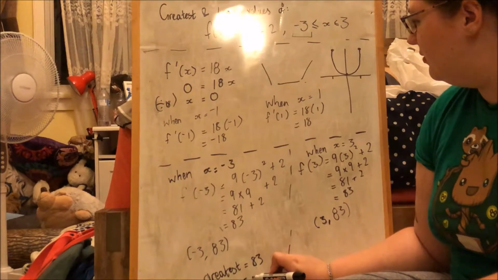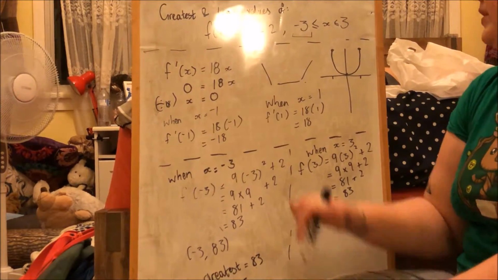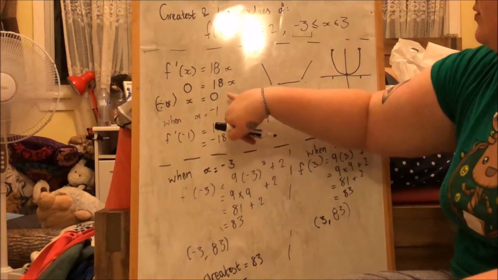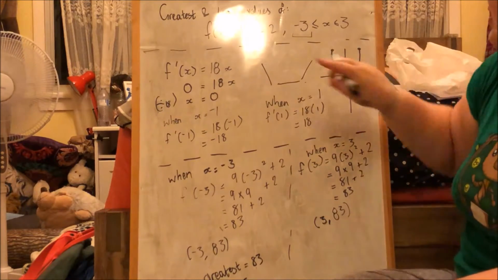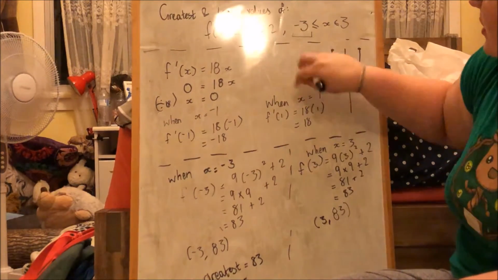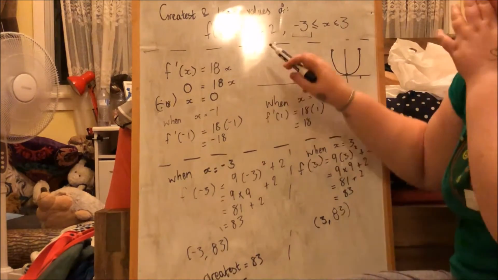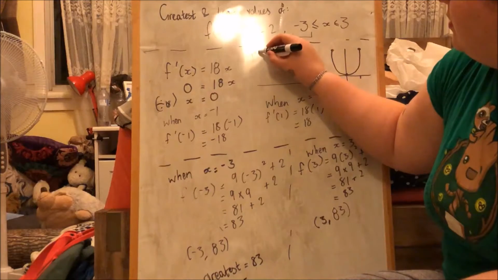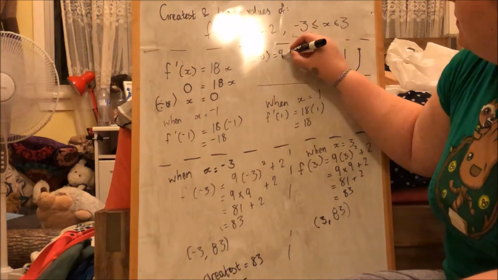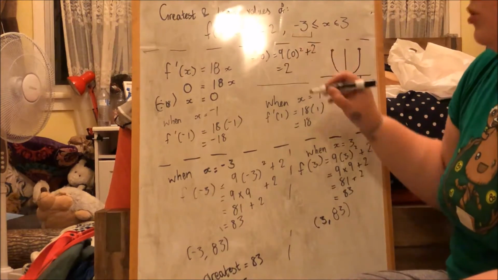what is it though? Oh, we didn't actually figure that out, did we? That's foolish of me. So remember, we needed to sub this back into our original equation, which is something that I didn't do, so I'm very sorry about that. So x is 0, pop that back into here. So f of 0 equals 9 times 0 squared plus 2, so that equals 2.